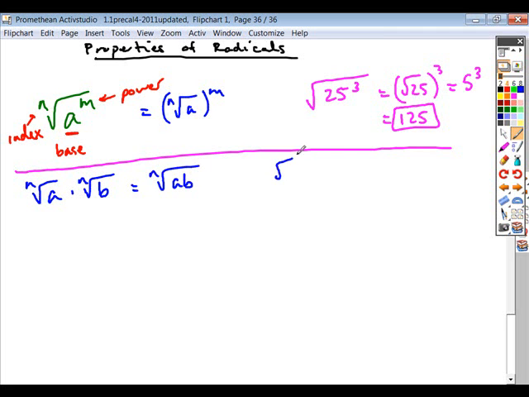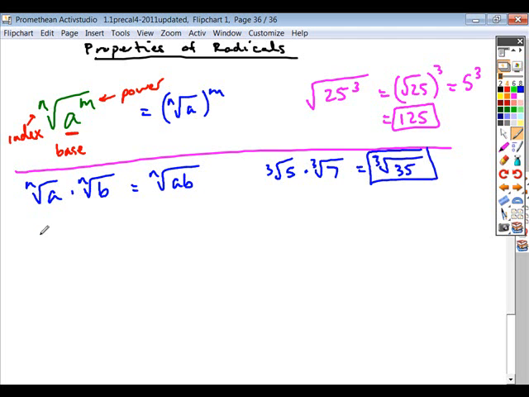Okay, so if you took an example like square root of 5 times the square root of 7, that's going to equal the square root, or actually let's go cube roots here. That's going to equal the cube root of, and just multiply those out, 35. Again, you're probably familiar with that property in terms of square roots.